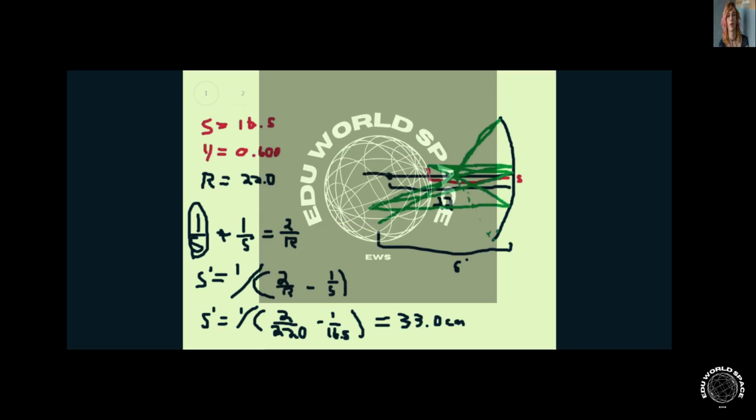The next thing it asks is the nature. So is our image that is formed over here real or virtual?